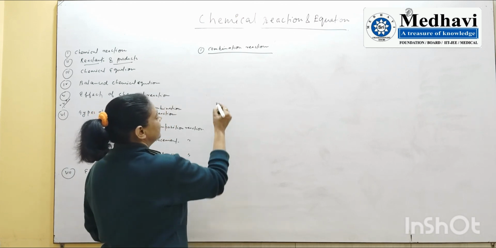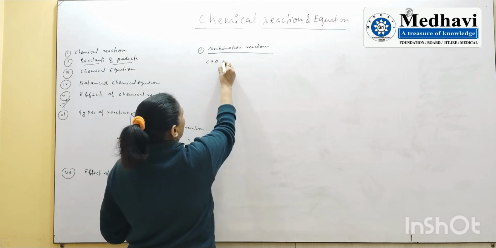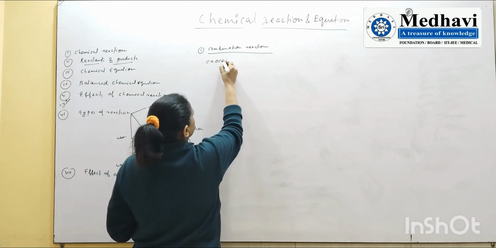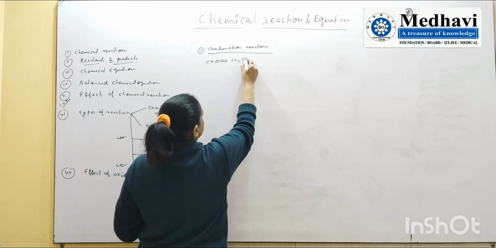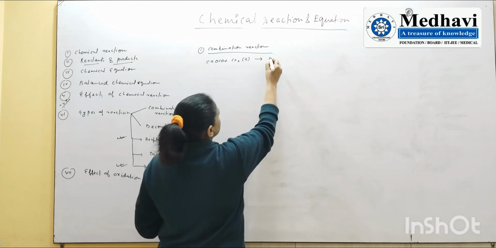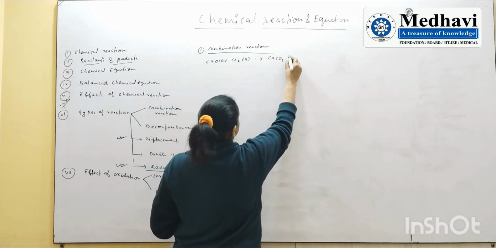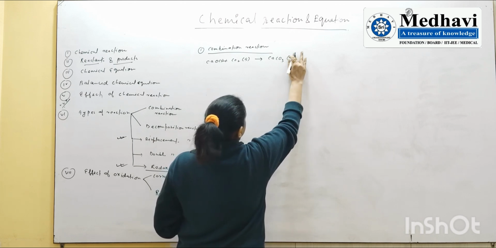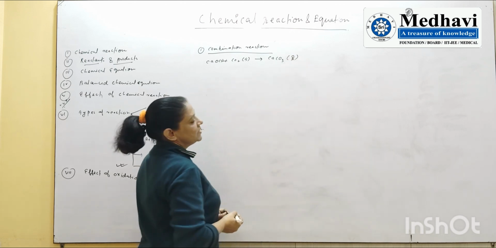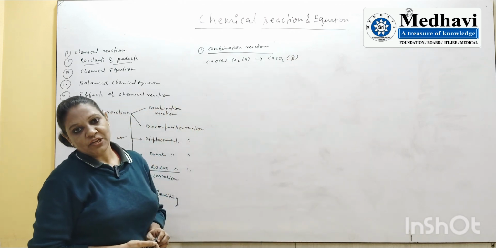For example, calcium oxide reacts with carbon dioxide to produce calcium carbonate. This is an example of a combination reaction.